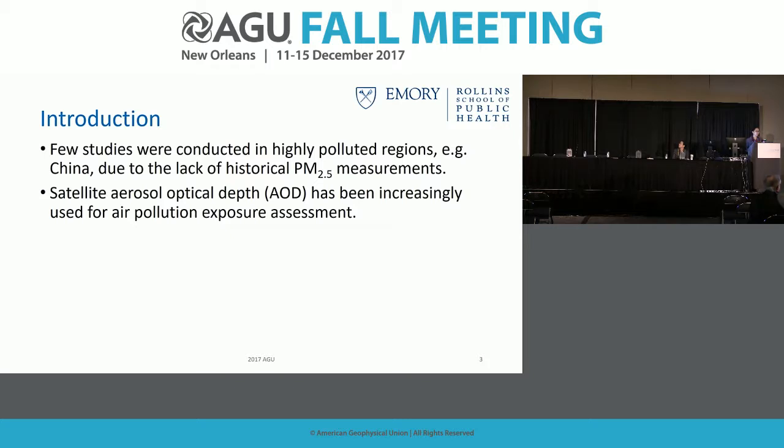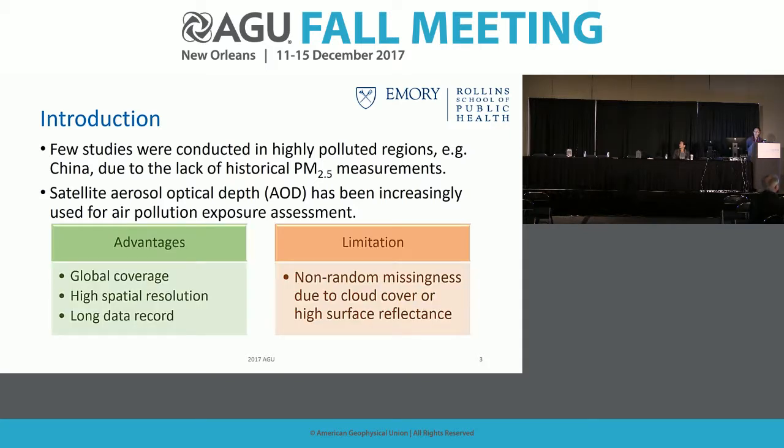In China, the National Air Quality Monitoring Network was established in 2013, and we have no reliable national monitoring of PM2.5 before that. Thus, satellite aerosol optical depth, or AOD, has been increasingly used for air pollution exposure assessment. Satellite data with global coverage, high spatial resolution, and long data record can extend the ground air quality monitoring network spatially and temporally.